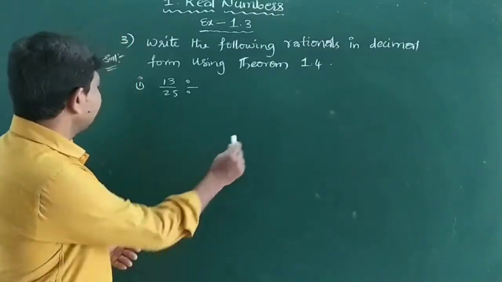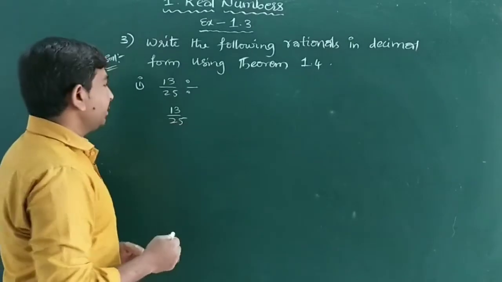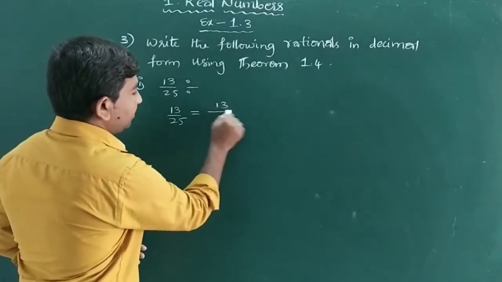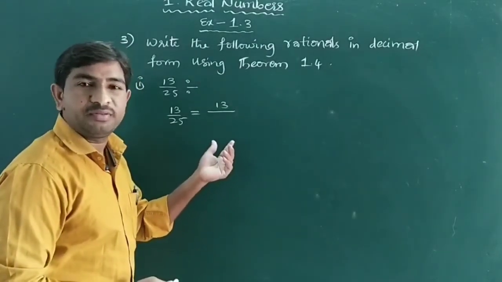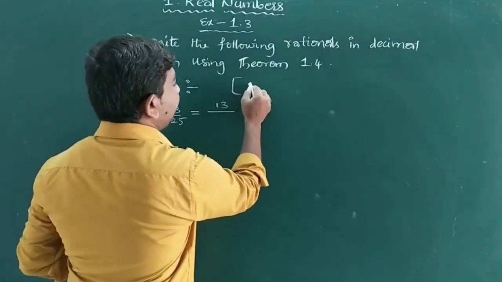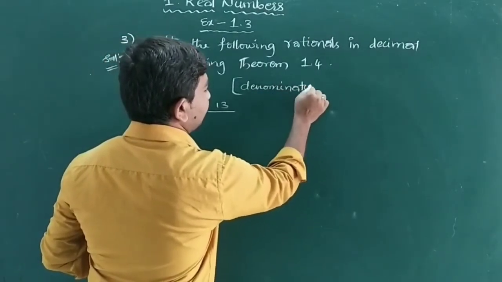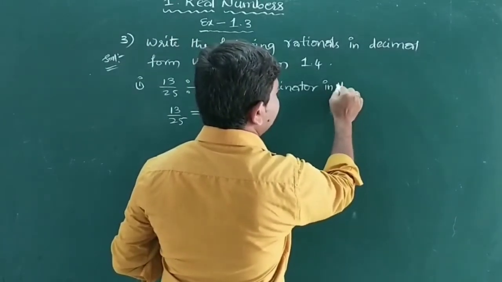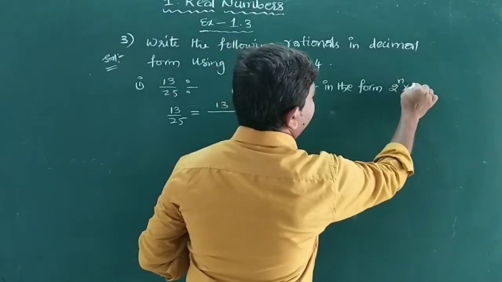So listen carefully. 13 by 25 is equal to 13 by, so the denominator must be in the form of 2 power m into 5 power n. Try to understand, theorem: denominator in the form of 2 power m into 5 power n.